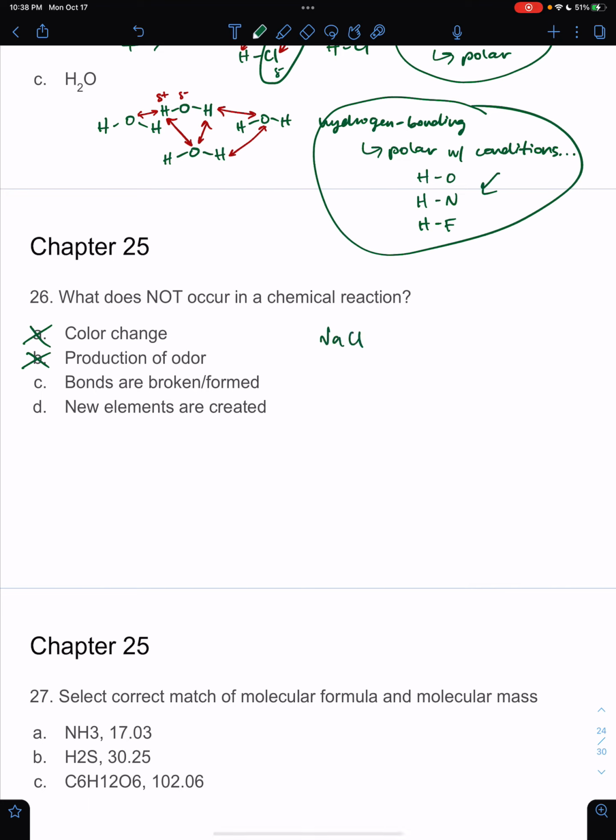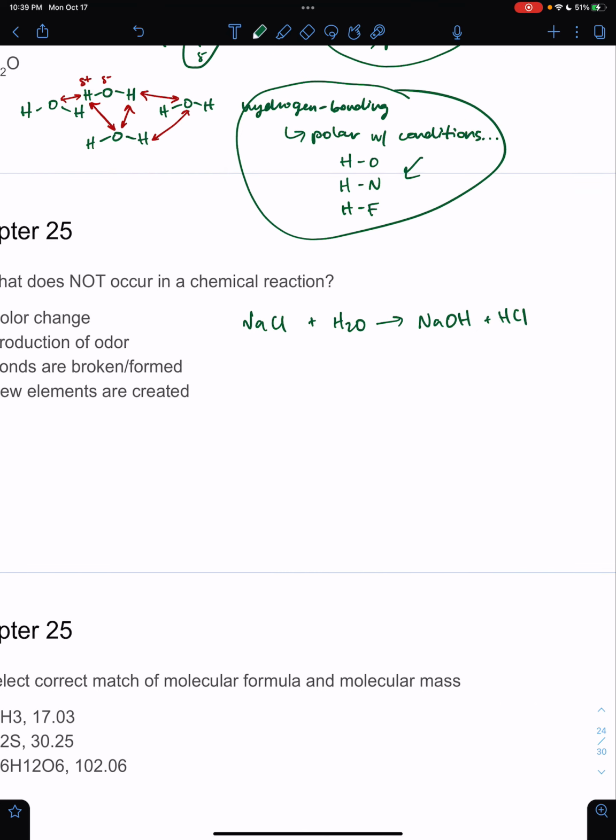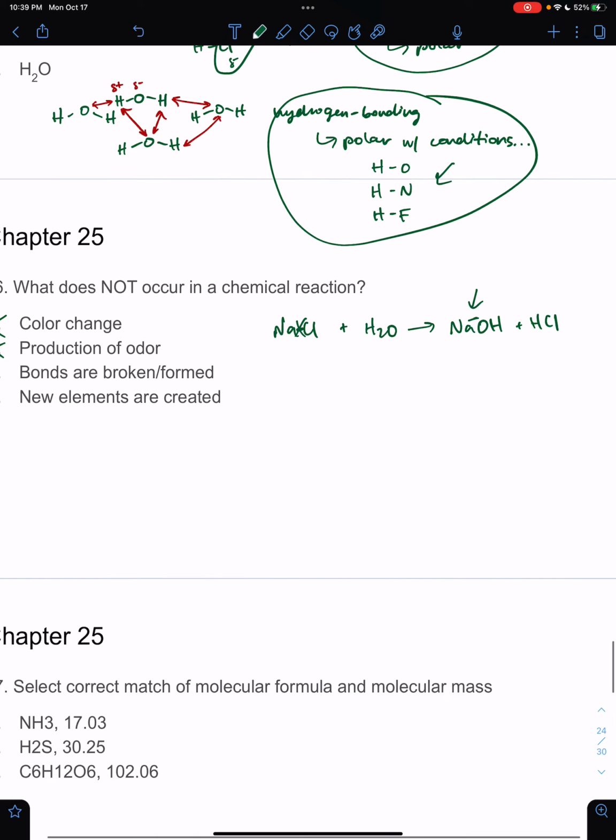So if we had something like this, in this reaction we had a bond here, but it was broken and a new bond was formed between the sodium and the hydroxide. So that's an example of that.